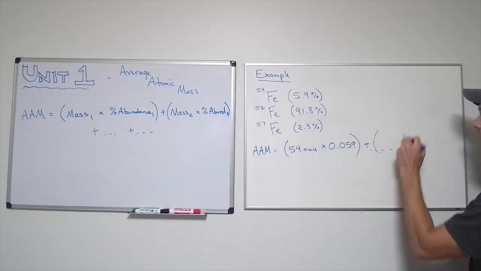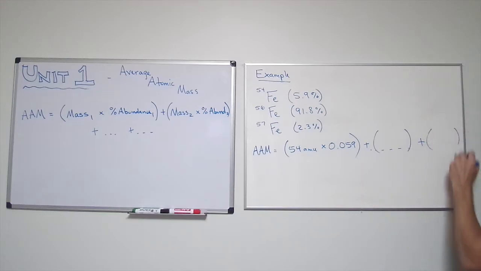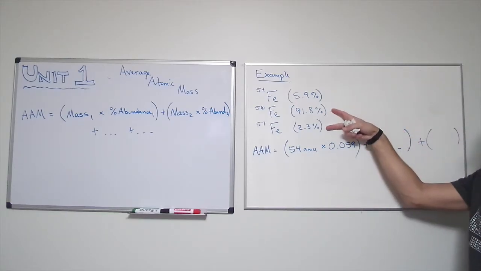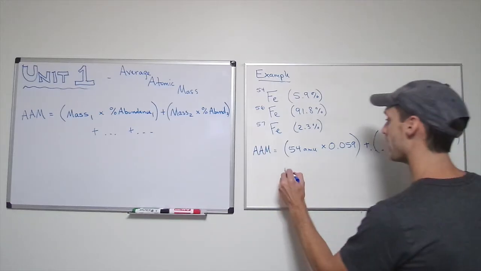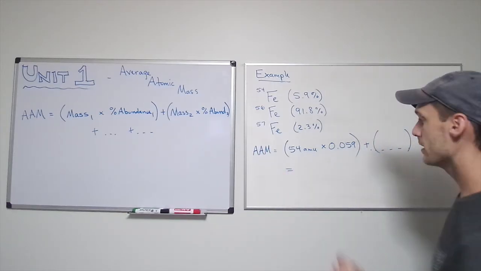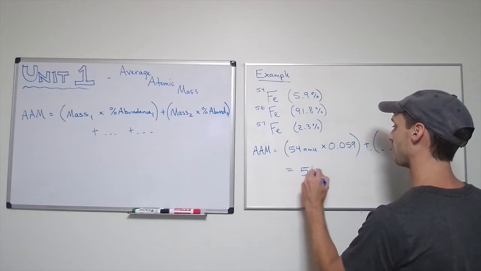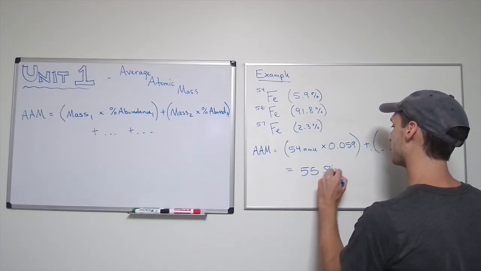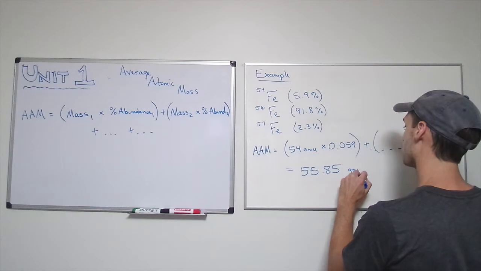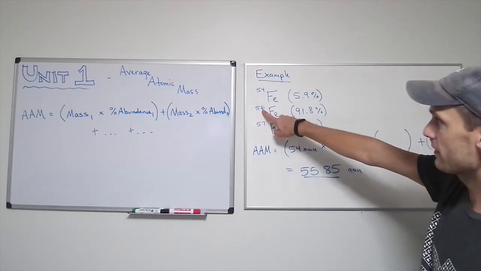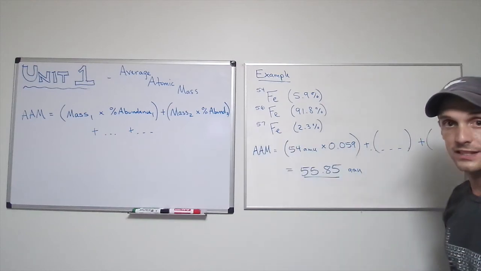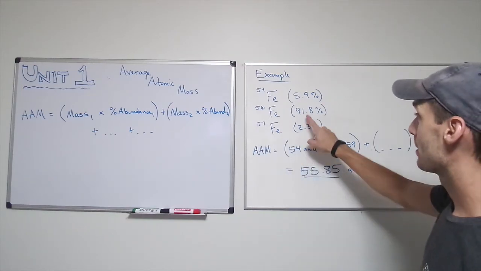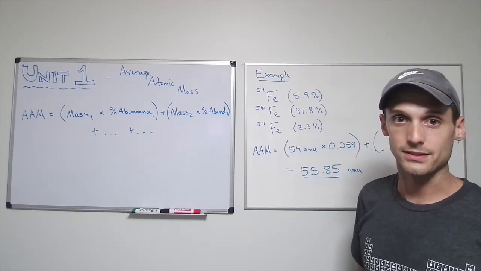We would have 2 more quantities here plugging in for those second and third isotopes, and if you plug all of that in, you get something like 55.85 AMU. Notice that is very, very close to 56, not so close to 54 or 57, which makes sense because of our percent abundances.